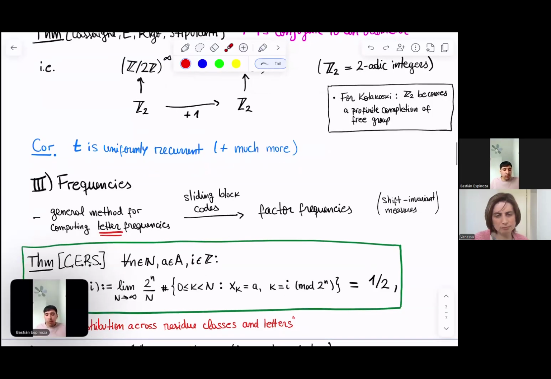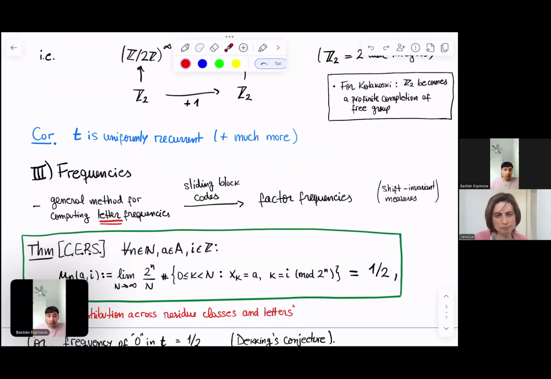So the first thing here is that if we're able to develop a general method for computing letter frequencies, then by using the classical sliding block construction, we can transform and translate the study of factor frequencies to the study of letter frequencies.